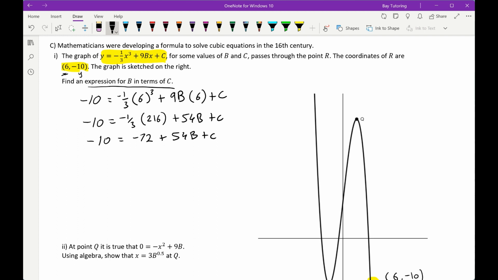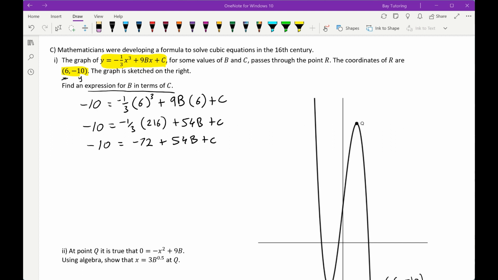The question wants us to find an expression for b in terms of c, so we need to get b by itself. Take away 54b from both sides. So we'll have negative 10 take away 54b equals negative 72 plus c.